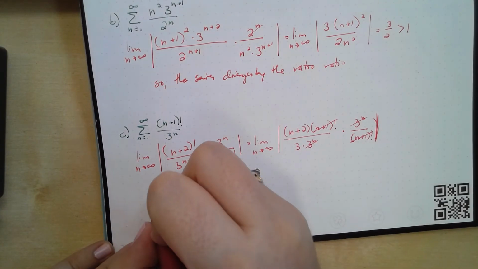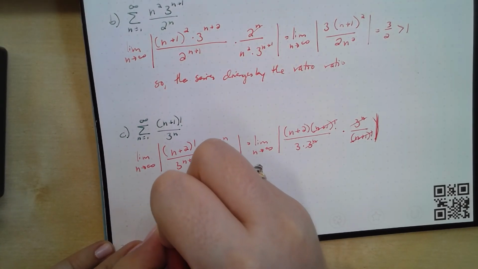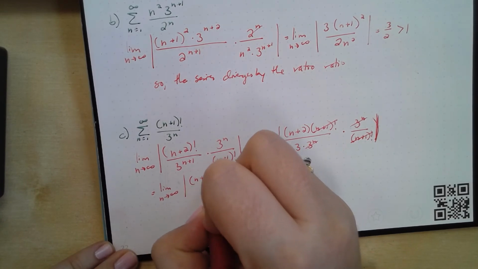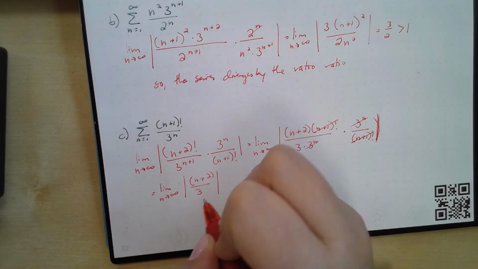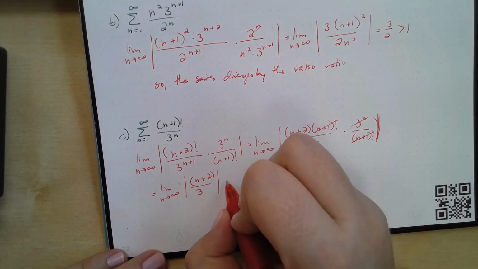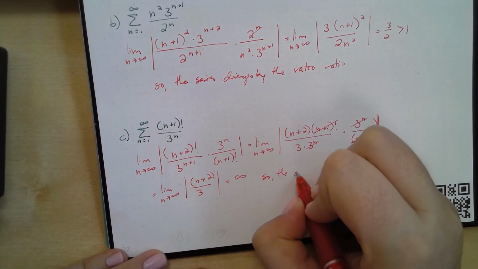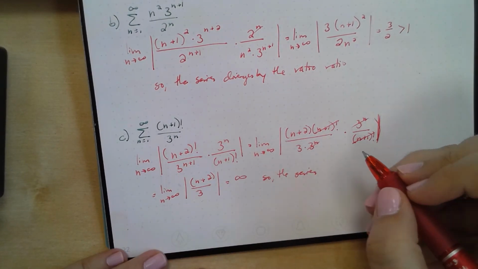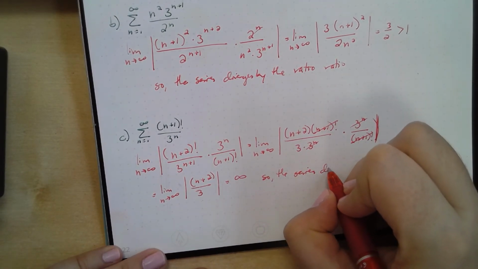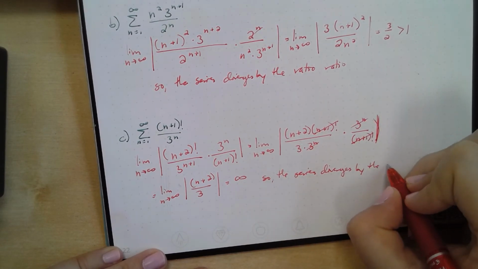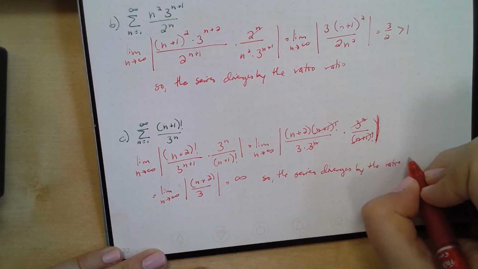So now we're left with the limit as n approaches infinity of n plus 2 over 3, and that's just going to be infinity, right? So the series diverges, because of course infinity is greater than 1, the series diverges by the ratio test.